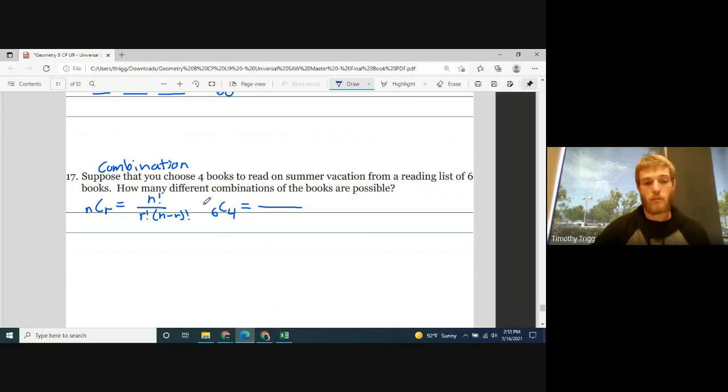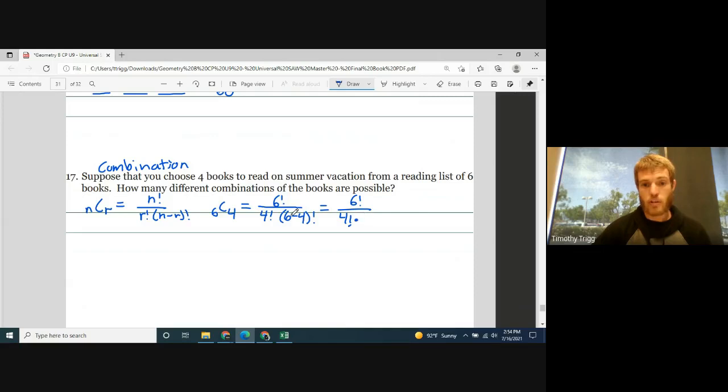And so based on the formula, this will be 6 factorial over 4 factorial times 6 minus 4 factorial.